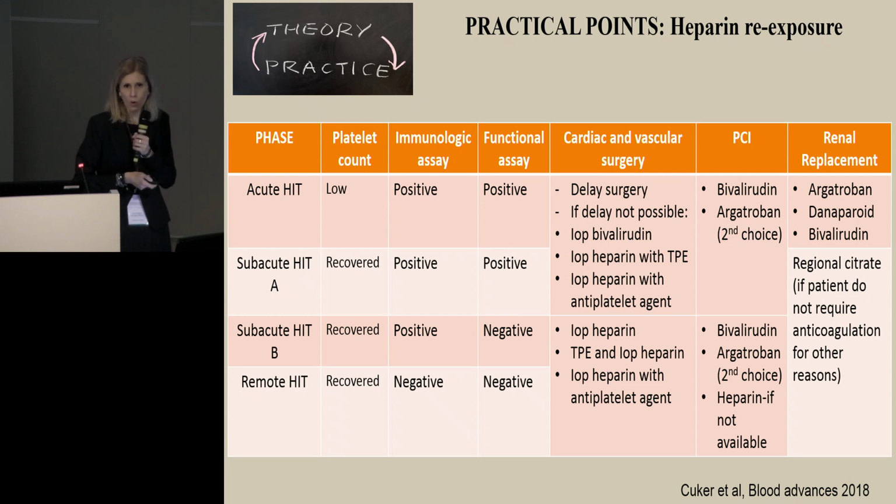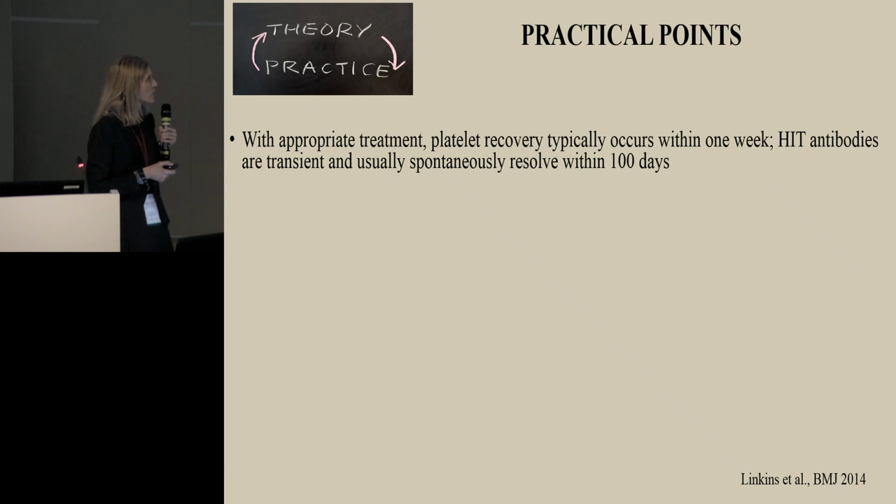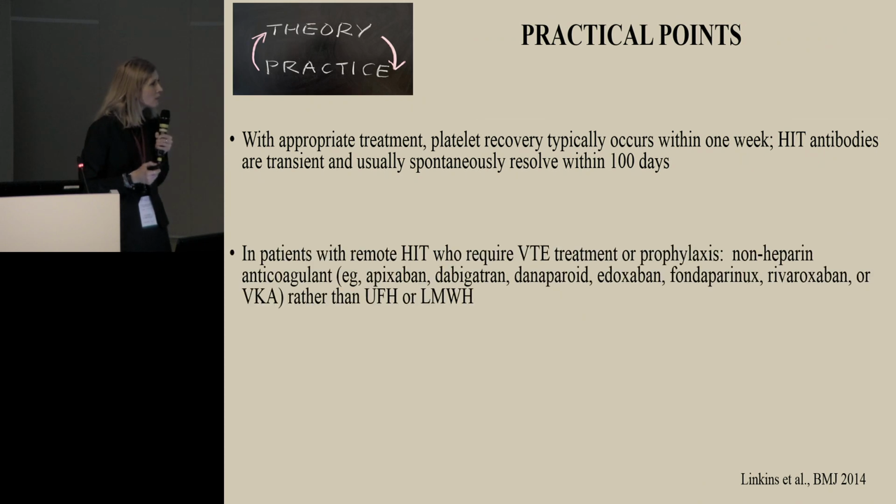Luckily, it is not so often to have such patients in subacute phases of HIT that need heparin re-exposure. But what you can have is patients that have remote HIT, which means that they had HIT documented, I don't know, 1 or 2 years before, and they come to you for surgery.